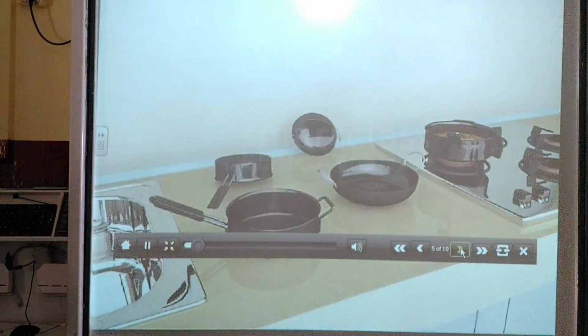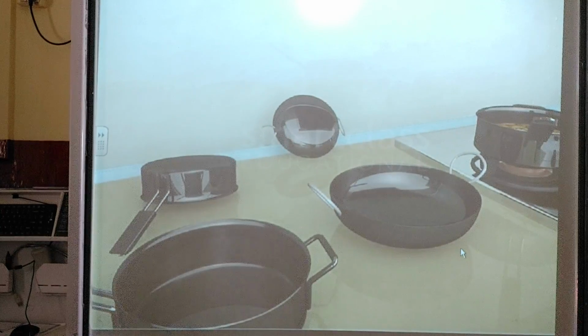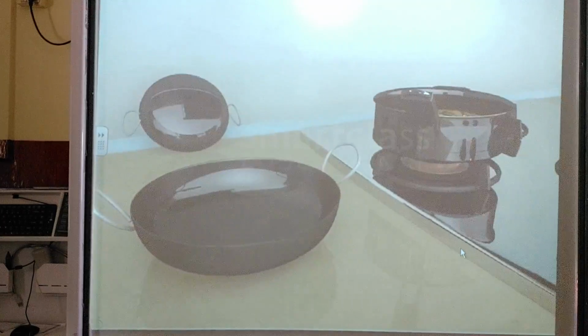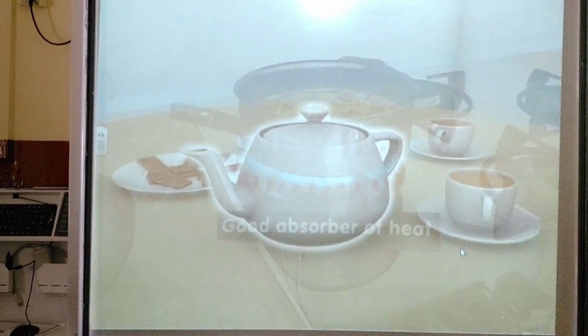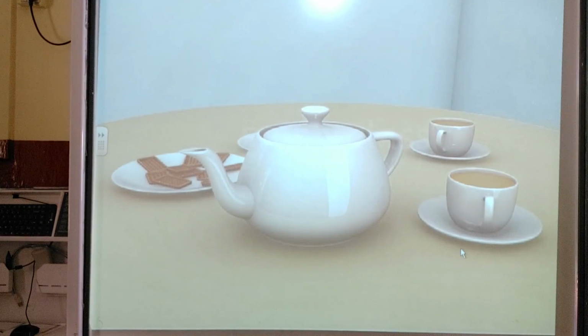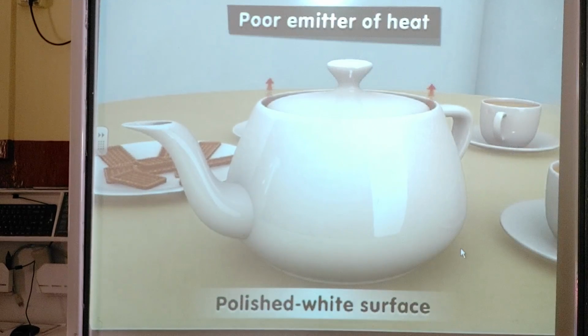The cooking utensils are painted black so that the utensils can absorb more heat and help to cook food fast. Why are teapots usually made of polished ceramics? This is because a polished surface is a poor emitter of heat.